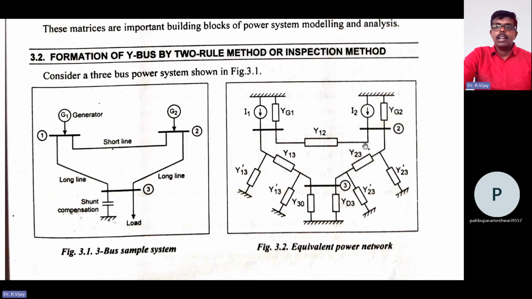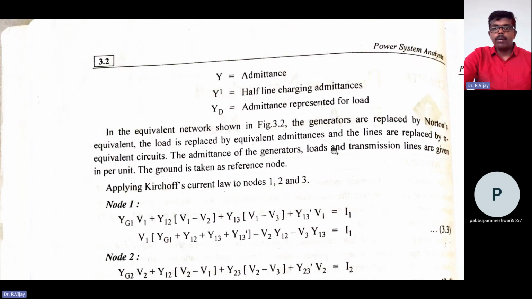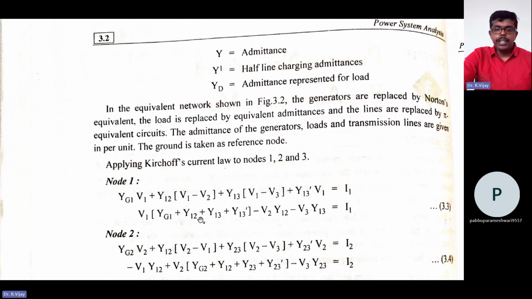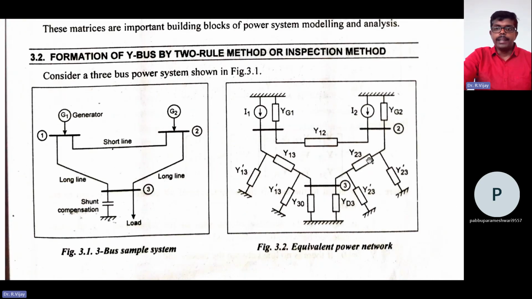Similarly for node 2: YG2 into V2 plus Y12 into (V2 minus V1), plus Y23 into (V2 minus V3).